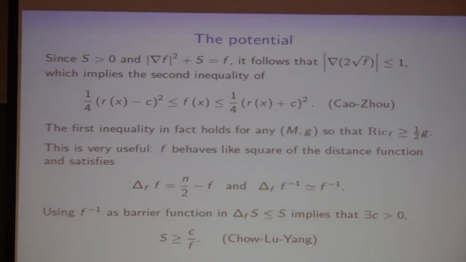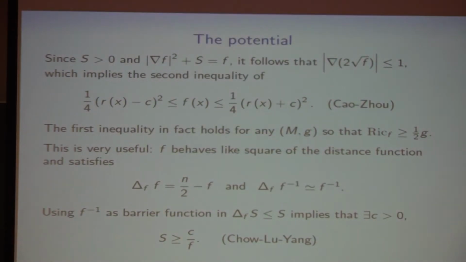Ben Chow, Peng Lu, who's here, and Bo Yang observed a very important inequality: not just that scalar is positive, it's actually bounded below by a function which decays quadratically, by a constant over f. That function decays quadratically in the distance, as mentioned here.